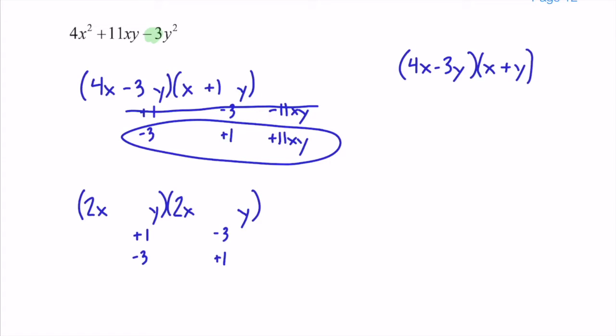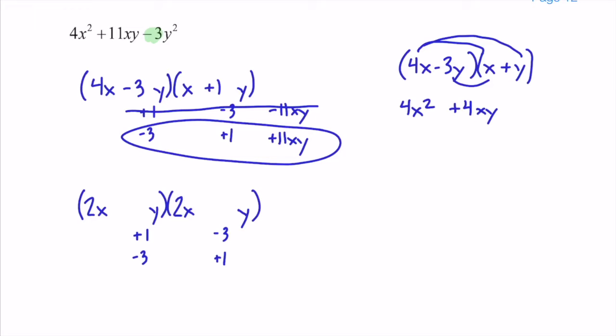Let's take a look at that. So 4x times the x gives me 4x squared. 4x times the y gives me plus 4xy. And then the negative 3y times the x, this is not the one. I'm going crazy.